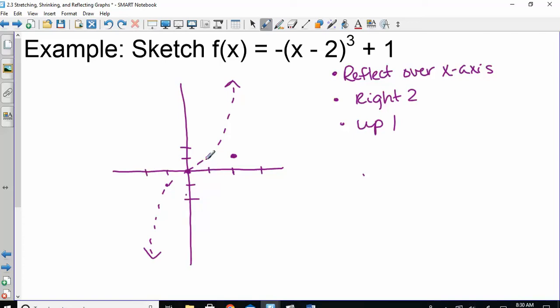Okay, if I take the point 1, 1, and I flip this over the x-axis, where does it go? Comes down here to 1, negative 1. And then I take my point right 2 and up 1.